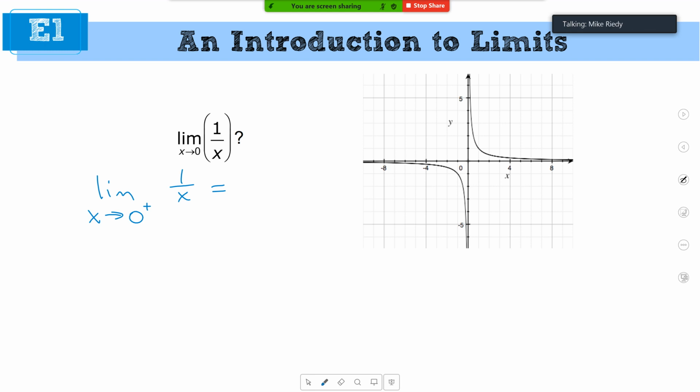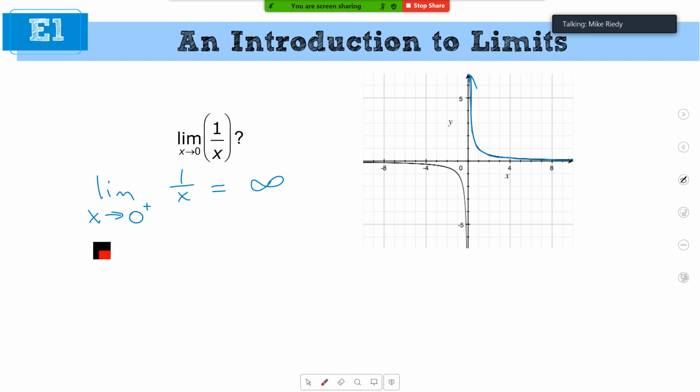Don't be bashful. 0? Nope. Infinity. Infinity, right. As I get closer and closer to 0, the function keeps going up and up and up. Does it ever get to infinity? Does it ever get to 0? No, because it's what we talked about with the approaching. It's approaching those values. It'll never equal 0 because that's bad, but it'll get very close.